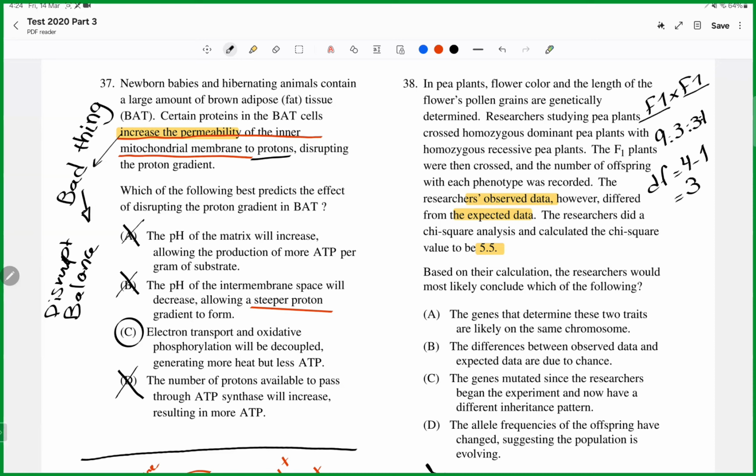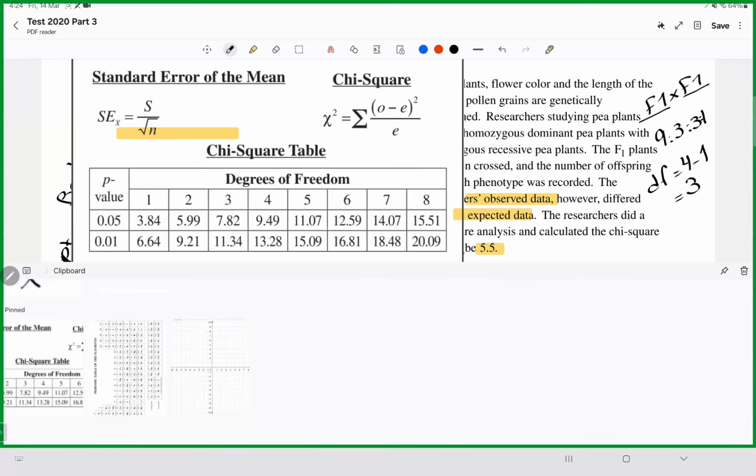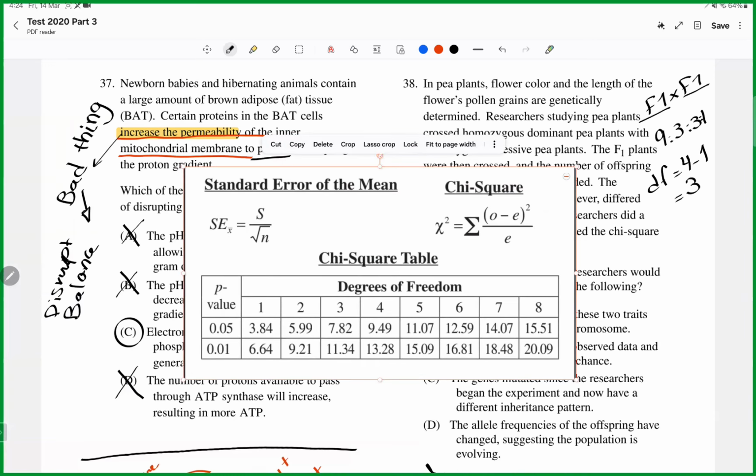Okay. Let's check. So if you have 3, at 0.05, the answer is going to be 7.82, our critical value.